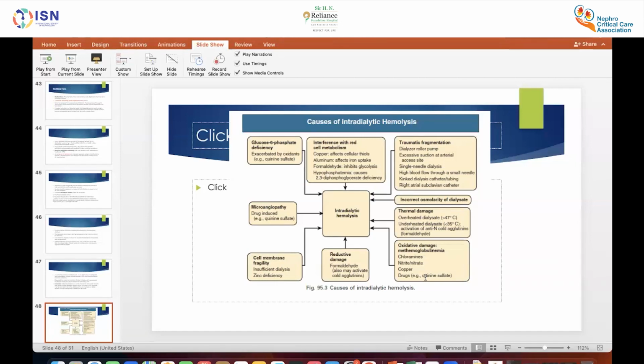There was a question by Edwin regarding preventing intradialytic hypotension: how helpful would passive leg raising be to guide fluid removal and prevent intradialytic hypotension? He has asked a very nice question. We do something similar, but not leg raising.